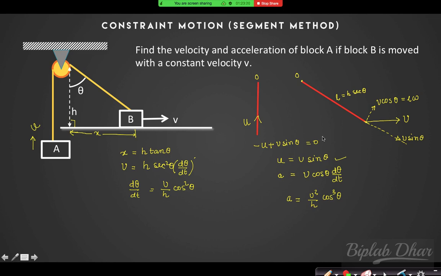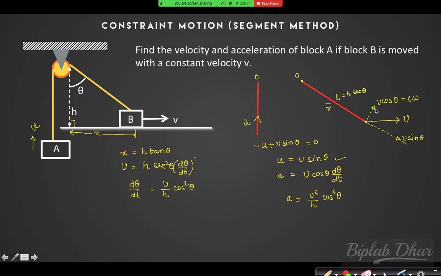Sir, please repeat this. How are you considering this circular motion? Because we have solved this type of question in circular motion. If some observer is present here, the observer will say that this is a circular motion, but its radius is changing. What is the rate of change of the radius length? It is V sin theta. And what is the rate of change of the angle theta? It can be found by this component of velocity, V cos theta. This is the radius vector.